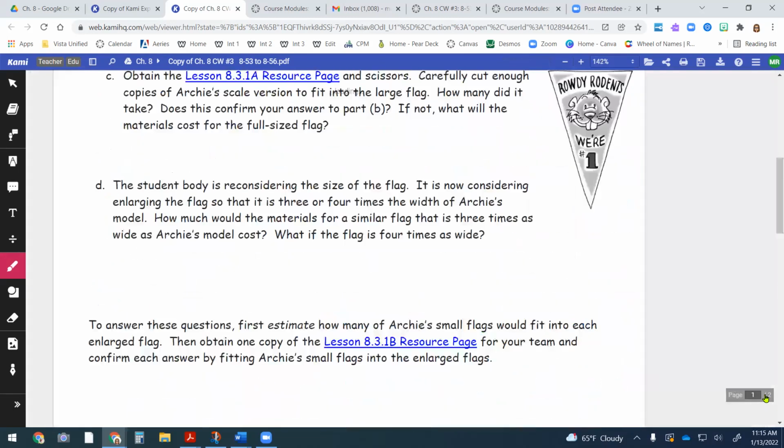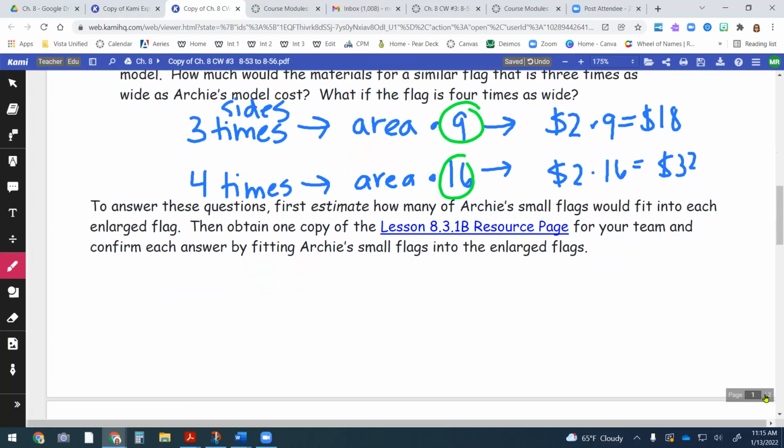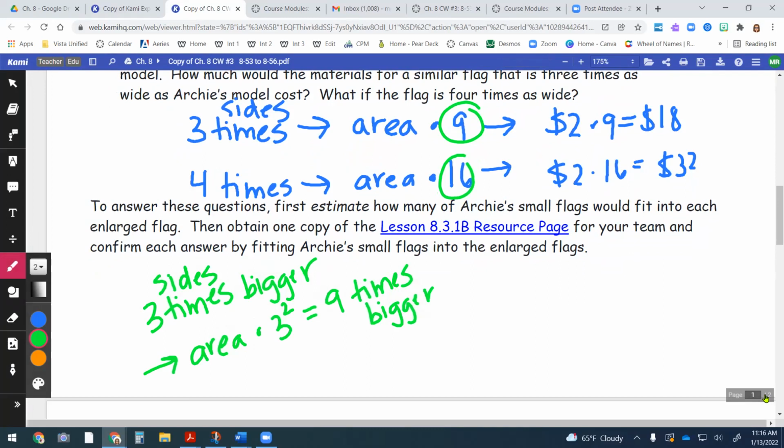And over here for this one, I'm just gonna jot this down here. When it was 3 times, and again, this is my sides, when my sides are 3 times bigger, that led to my area not being 3 times bigger, but my area was 3 squared times bigger, or 9 times bigger. So it's my area times 9.